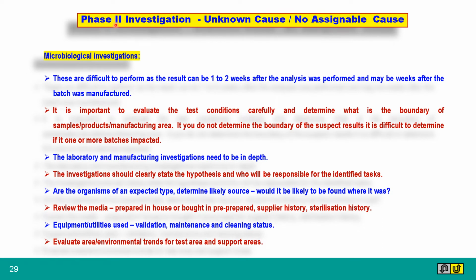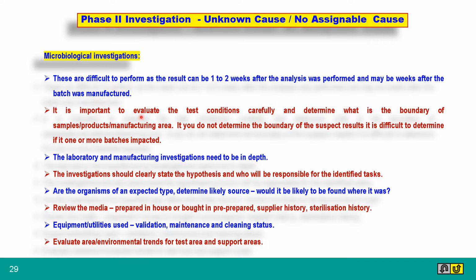Phase 2 investigation, unknown cause / no assignable cause. Microbiological investigations. These are difficult to perform as the result can be 1 to 2 weeks after the analysis was performed, and maybe weeks after the batch was manufactured.